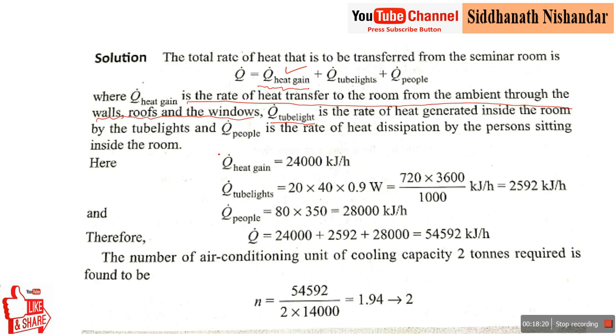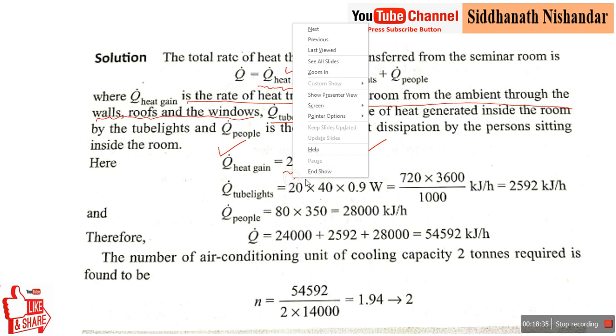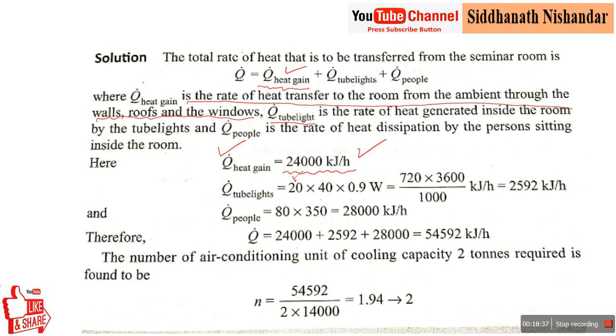So the first one is the heat gain, which they have given directly as 24,000 kilojoule per hour. Then second, 20 tube lights.